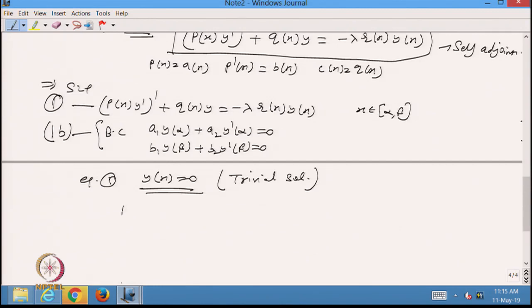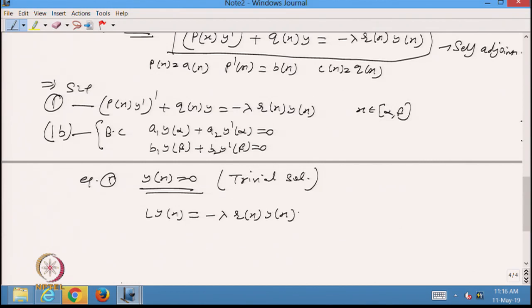Further, the Sturm-Liouville problem I can write as L of y(x) equal to minus lambda r(x) y(x).